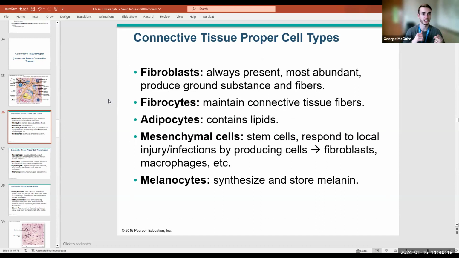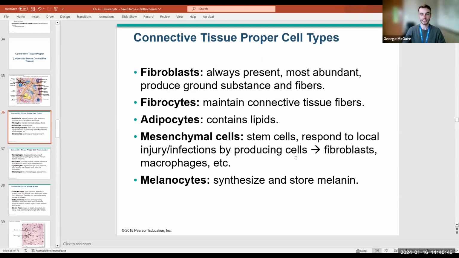So the blasts generate all the stuff as stem cells, and then the cytes are within the tissue trying to maintain it. Okay? So fibrocytes are maintaining those connective tissues. Adipocytes are maintaining those lipids. They're essentially cells that have been completely dedicated to, as a vacuole, a space for the fat to be stored into it, the lipids to be stored into it.